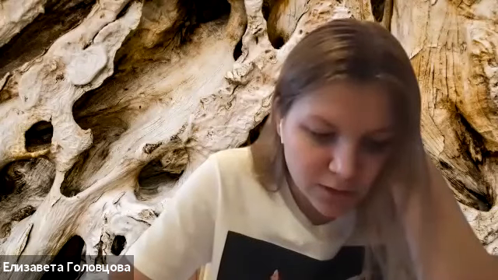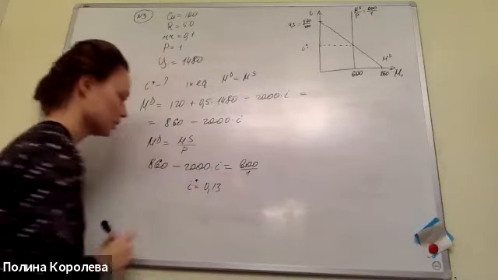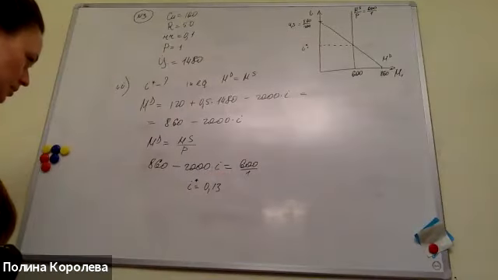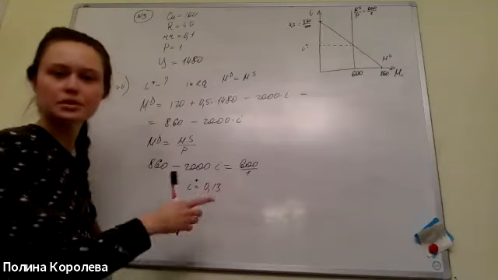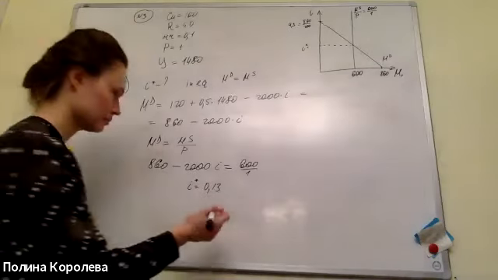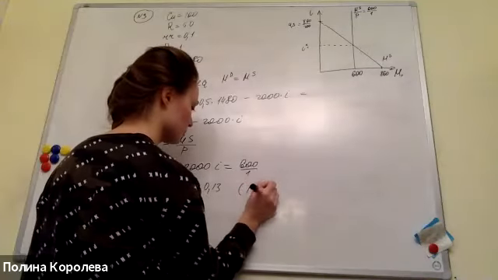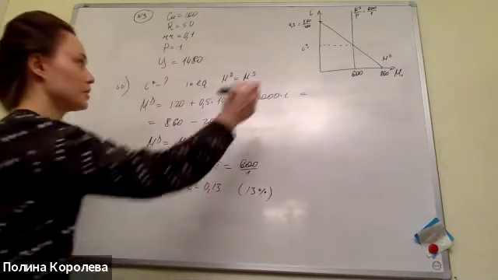It's 0.13. Yes, 0.13, so 13%. It's the equilibrium interest rate.